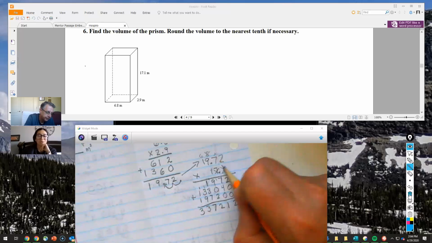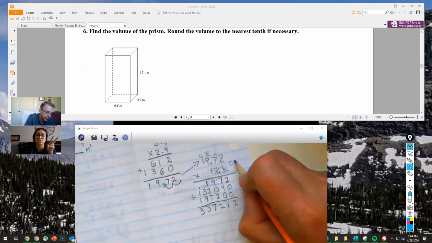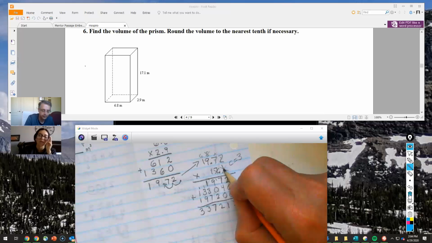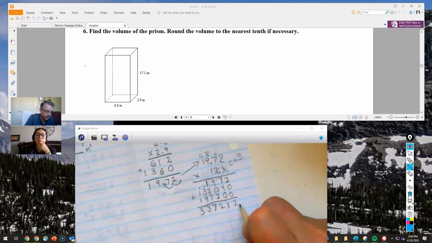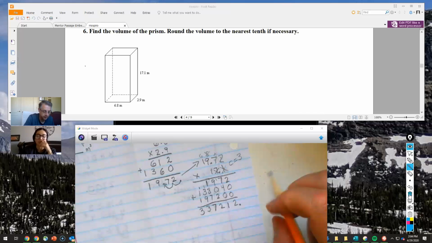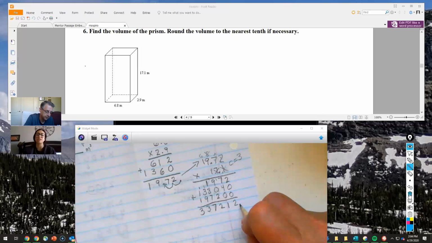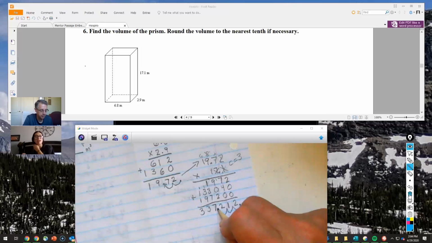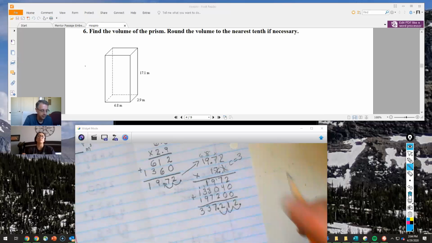All right, so now we want to count how many place values we're going to have to move our decimal. And so we're going to have 2 from our 19 and 72 hundredths and 1 from our 17.1. So we want to go ahead and move that decimal place 3 times to the left. So 1, 2, and 3. But boys and girls, that is not our final answer because the question wants us to round the volume to the nearest tenth if necessary.